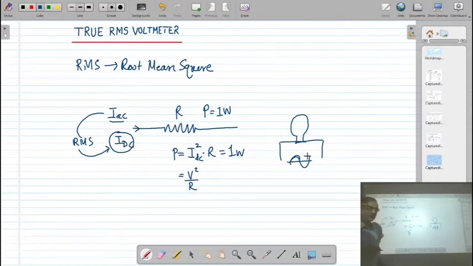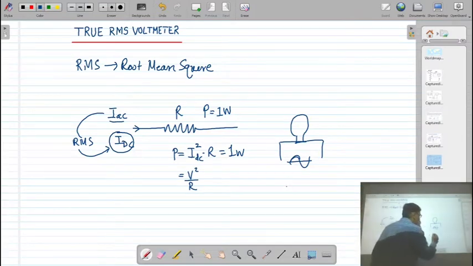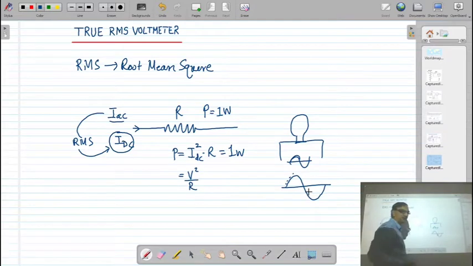But we know that the intensity of the bulb is going to remain constant. It means whatever power is dissipated in the bulb is not according to a sine wave. Otherwise the intensity of the bulb would go on increasing, then decreasing.